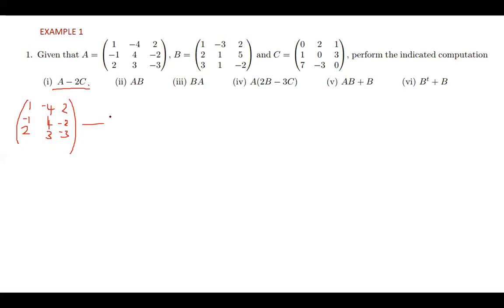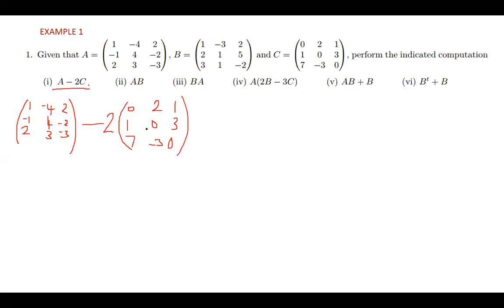So, we are subtracting these 2, and then the C that we have here is 0, 2, 1, 3, 0, negative 3, then you have 0 there, 1, and 7.